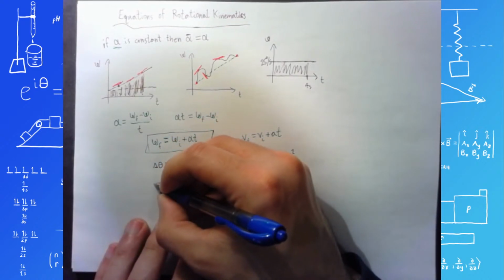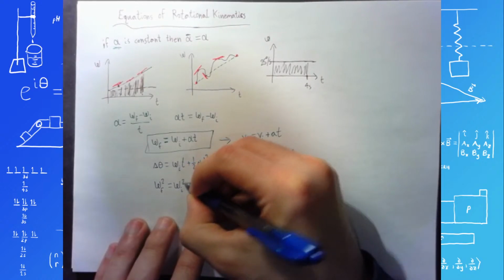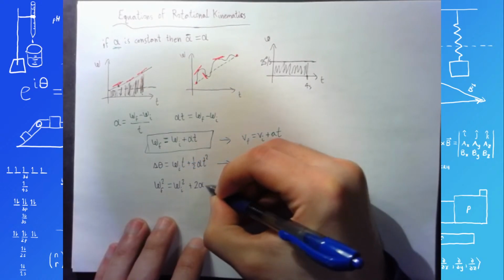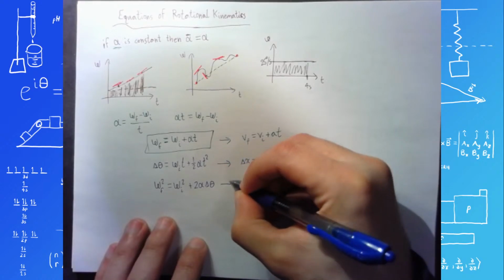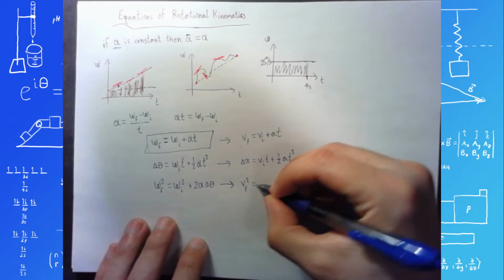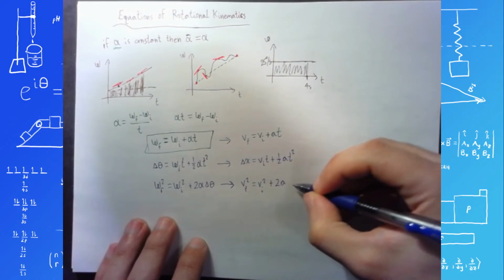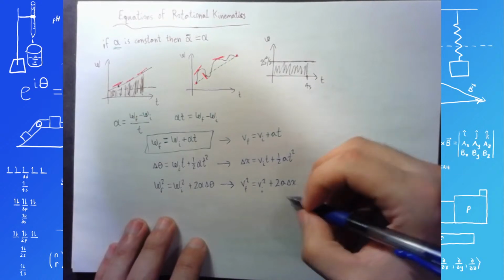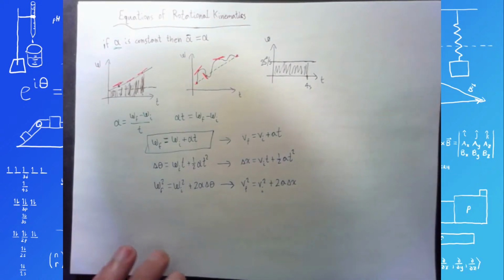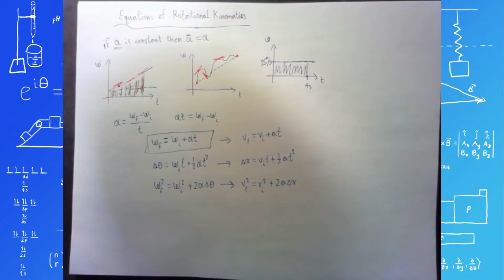And then omega final squared equals omega initial squared plus 2 alpha delta theta is your rotational version of v final squared equals v initial squared plus 2a delta x, or delta y, or whatever the case may be, whatever your linear displacement variable happens to be for the problem. So there you go, your 3 equations of kinematics.